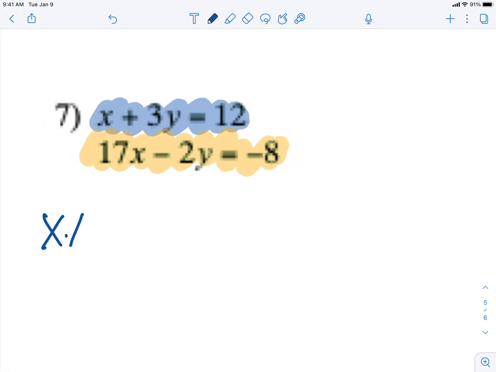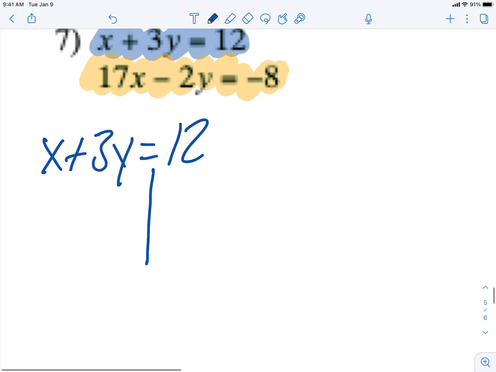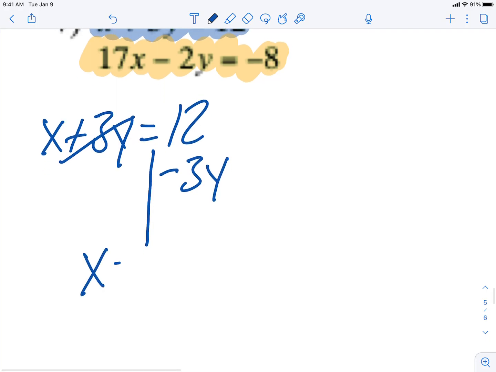I'm going to get x by itself by moving this plus 3y over as negative 3y. So I get x is equal to negative 3y plus 12.